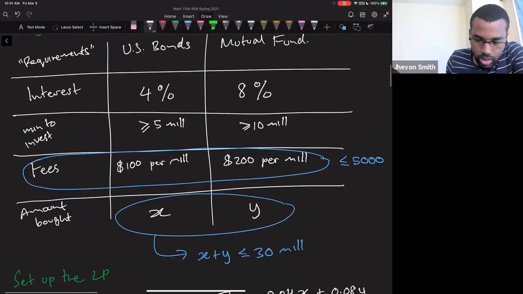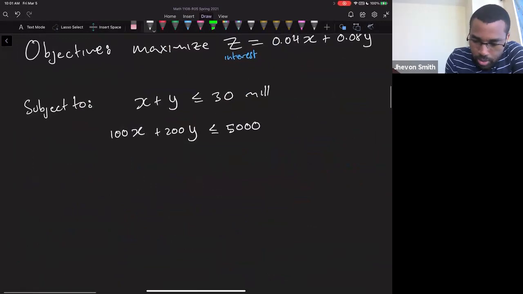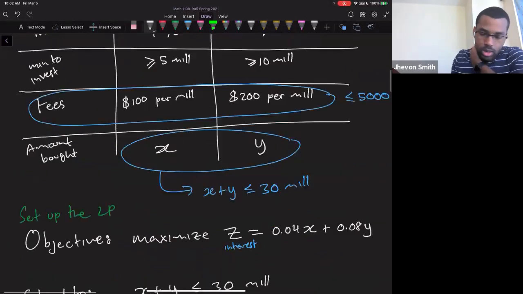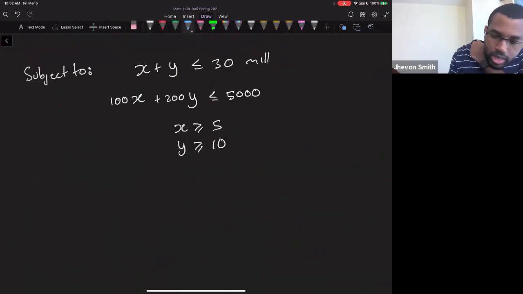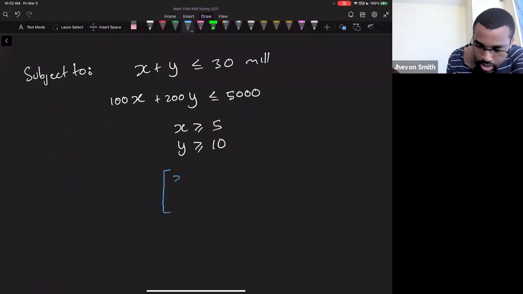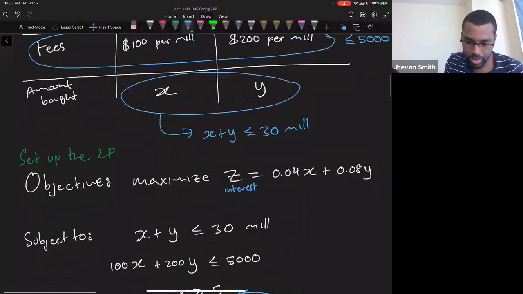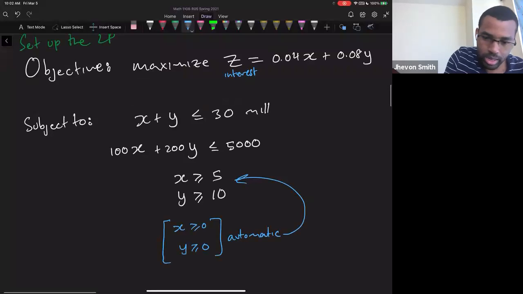I want at least 5 of x and at least 10 of y. That's it. We get the non-negativity requirements, x greater than or equal to 0, y greater than or equal to 0, for free. It's automatic, because if we're bigger than 5 and 10 respectively, we're both bigger than 0.